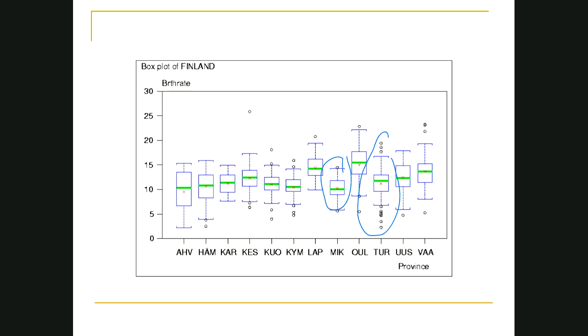One is the birth rate. The other one is the province in Finland. So I can see the distribution of birth rates and where the averages fall, where most of the data falls. Probably this is over the years, or there's more than one entry in there, but I don't know the year. I don't know how they did it, but it's just birth rate.